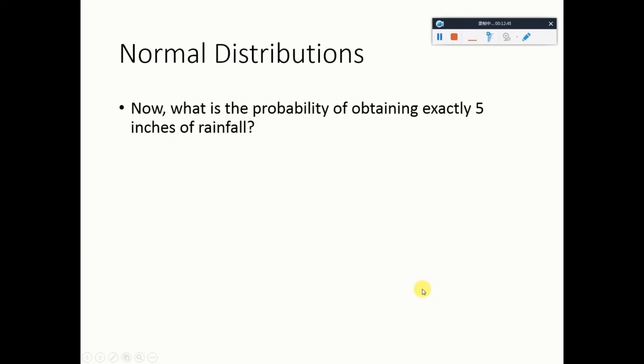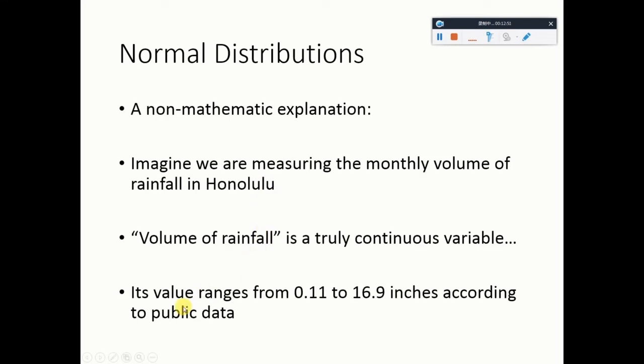Now let's say, I don't even have to assume that the volume of rainfall follows a normal distribution. That doesn't matter actually. The rule that we just said, that the probability of obtaining a precise value is very close to 0, applies beyond normal distributions.